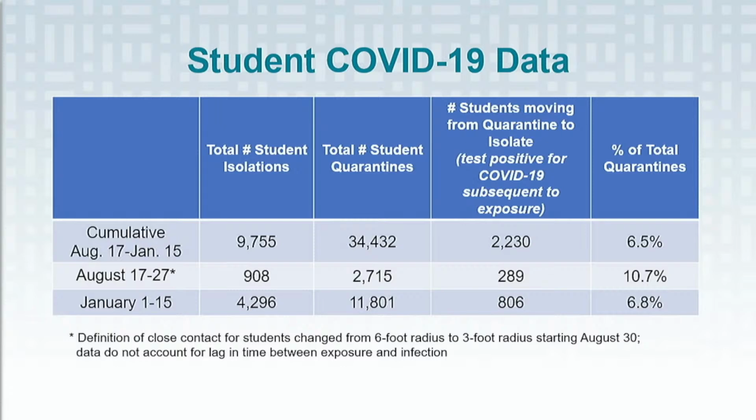DHEC changed the definition of close contact from 6 feet to 3. In that window of time, we had 908 isolations, 2,715 quarantines, 289 students moved from quarantine to isolation. That's a rate of 10.7%.